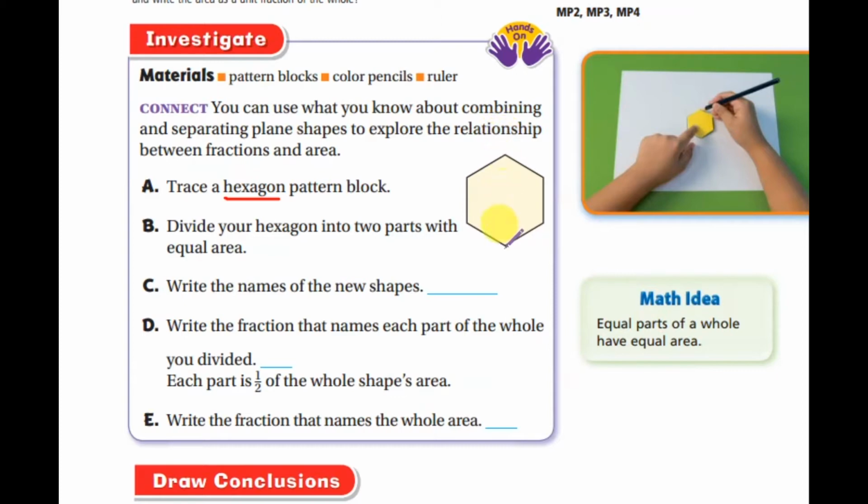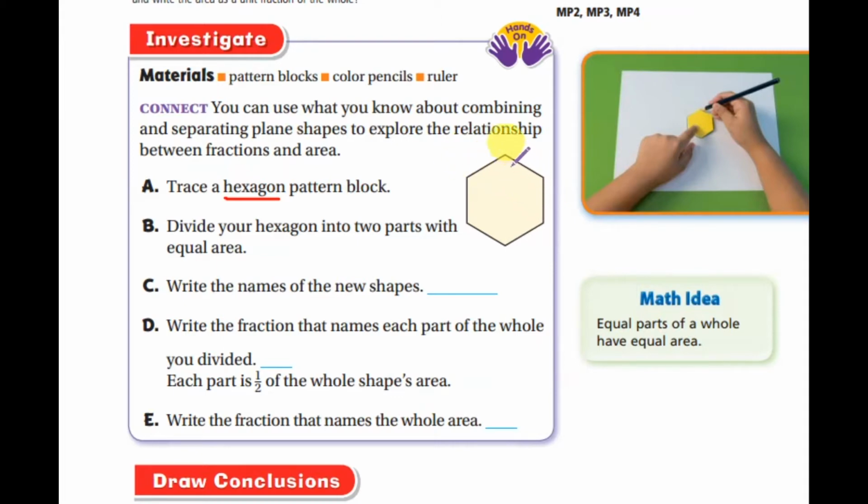We can divide from this diagonal, from this vertex to this vertex, so it will create 2 equal parts. Also, I can cut it from this diagonal, from this vertex to this vertex, to create 2 equal parts. Also, we can make a line from this vertex to the opposite vertex to create 2 equal parts.